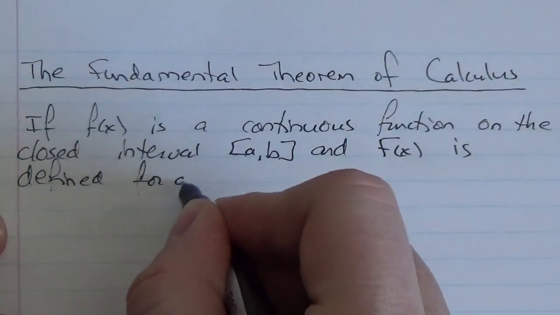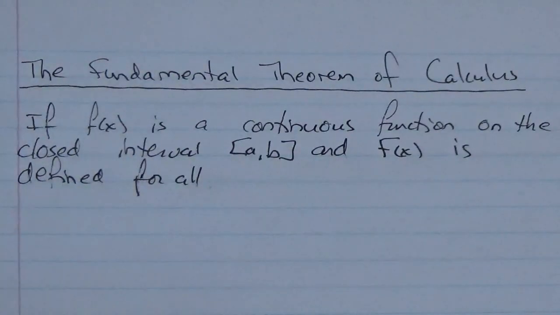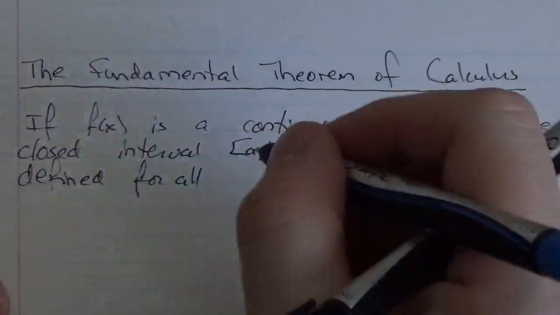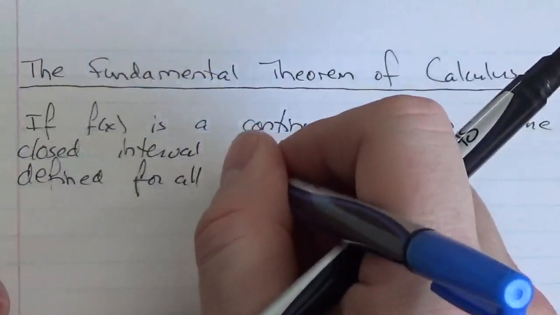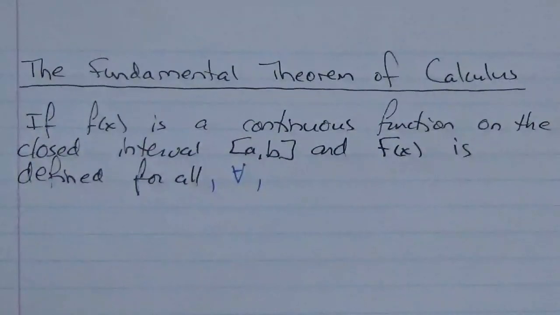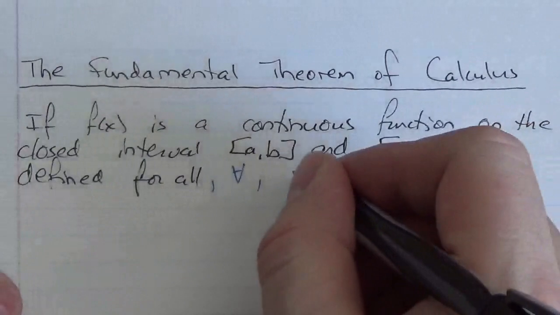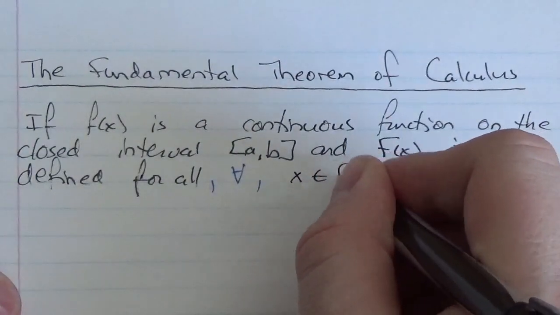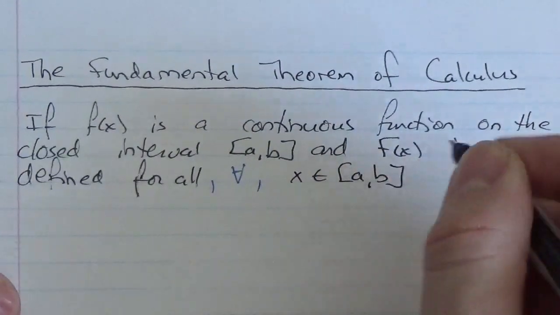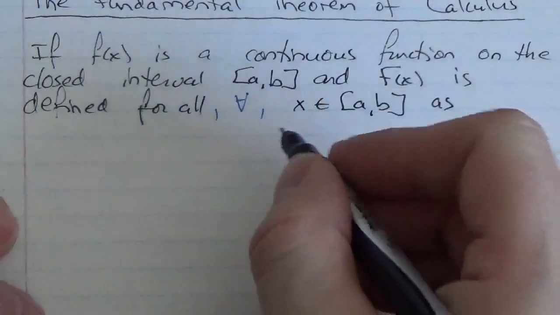for all x. Just so you know, later on when you start studying math at university, "for all" is typically symbolized by an upside down A. You're going to see that show up, so you know what it means. For all x inside that closed interval a to b, we're going to let capital F of x be defined as follows.